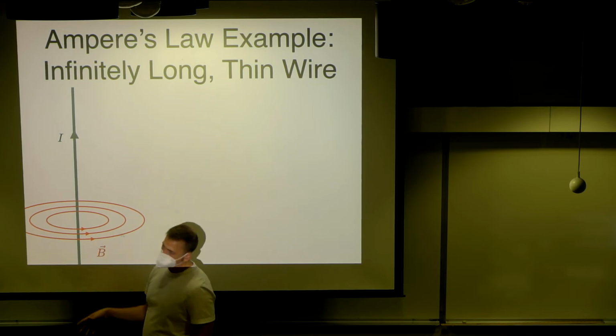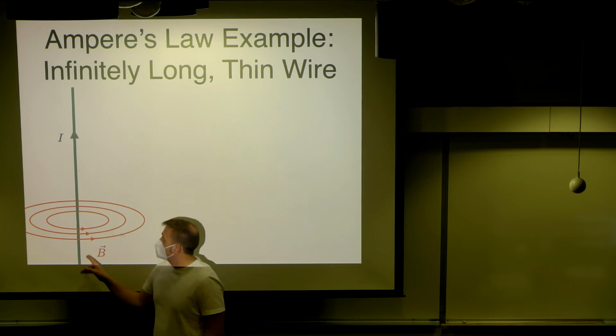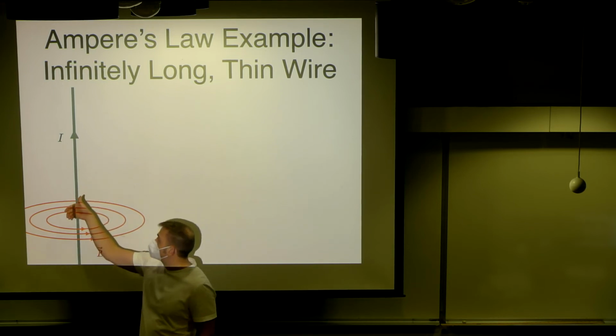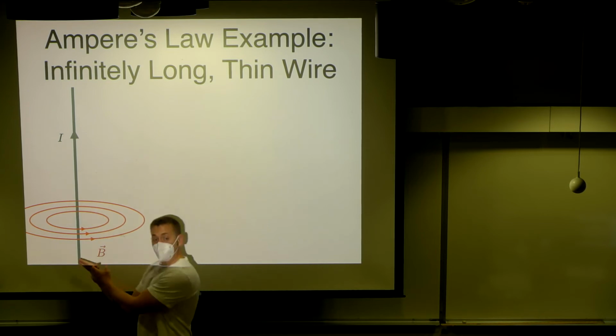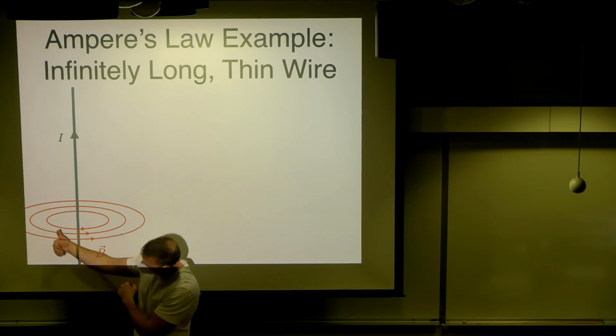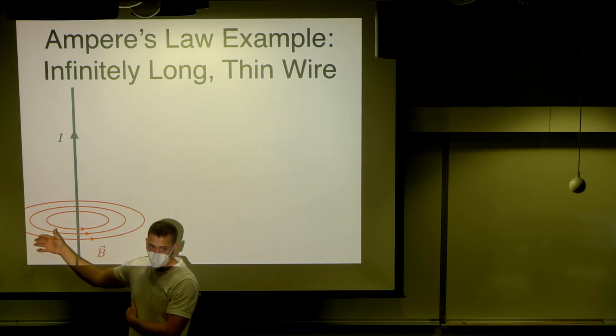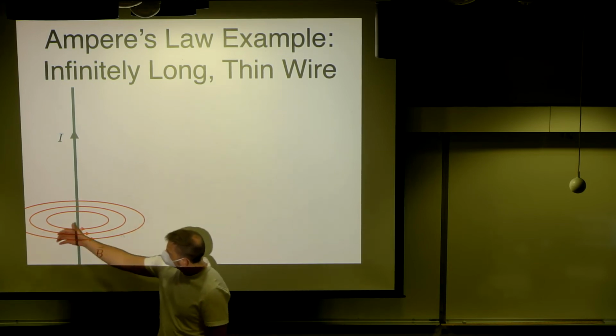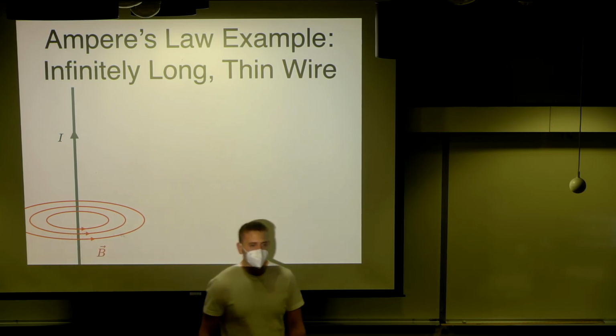And let's just say for the sake of setting up the problem that our current is going up the wire from our perspective here. So if I want to understand the B field, in which direction it's going, I'll take the thumb on my right hand pointed up, and then my fingers on my right hand will curl in the direction that the B field loops are going. So that's where this picture comes from.